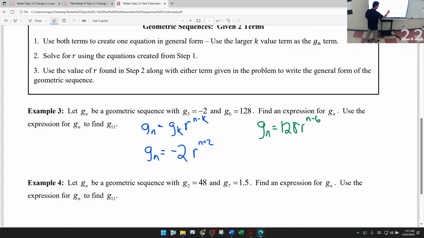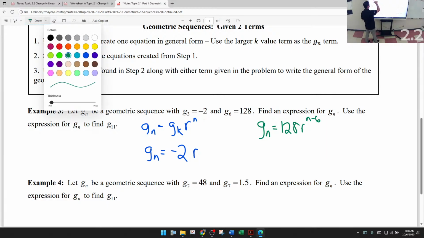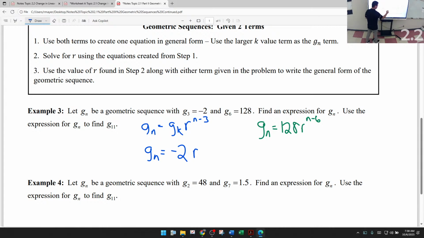And you told me to do it by dividing the second term by the first term, and then taking the root, taking the root of the cube.